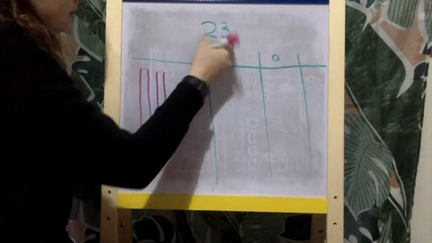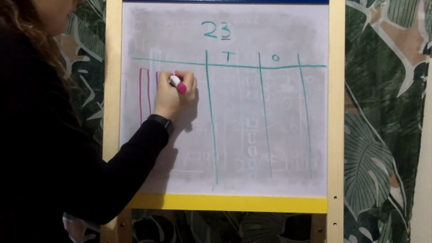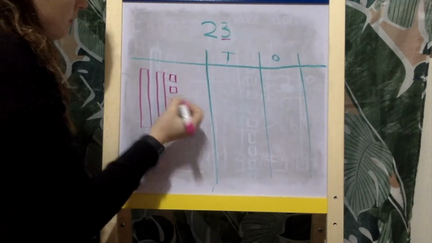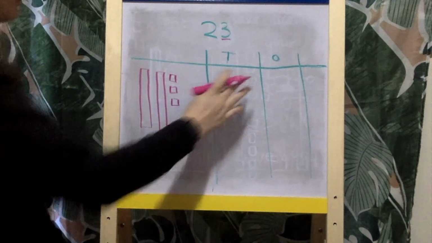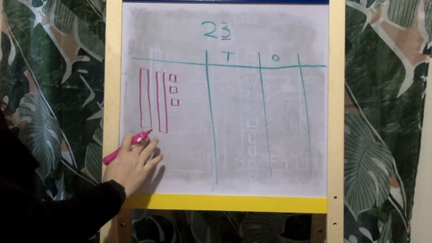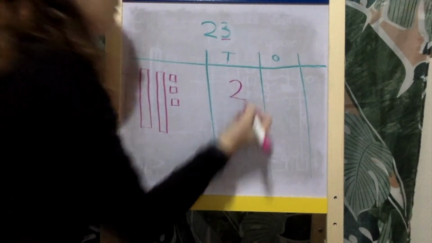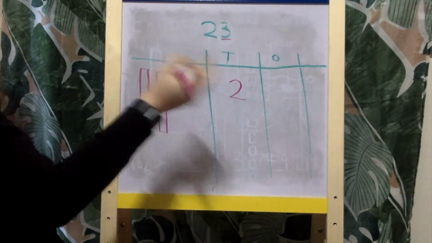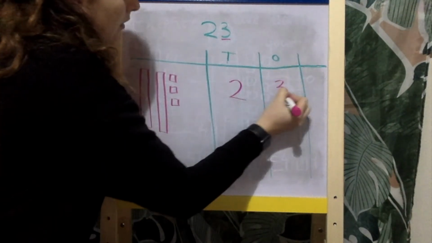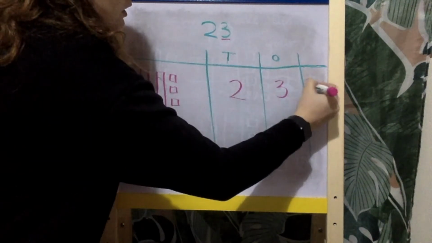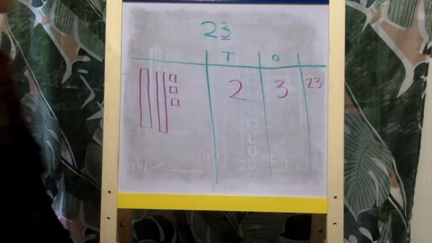How many 1s? 3. Now I can write it in my table. How many 10s did I have? 2. How many 1s? 3. What's our total number altogether? 23.